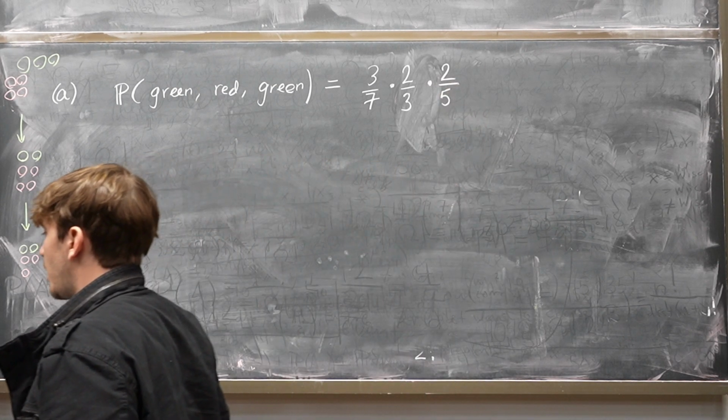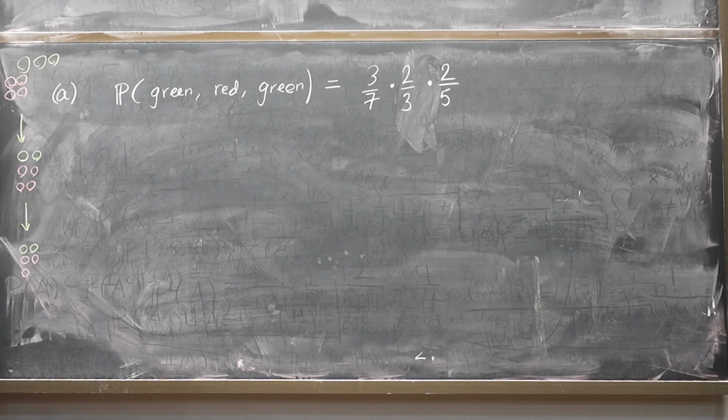Now you might ask, why do these probabilities multiply together? And the answer is that, how would I explain this?